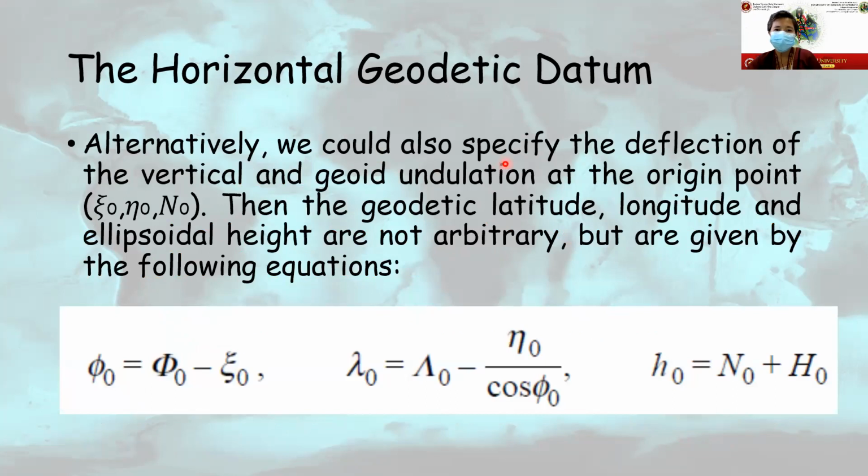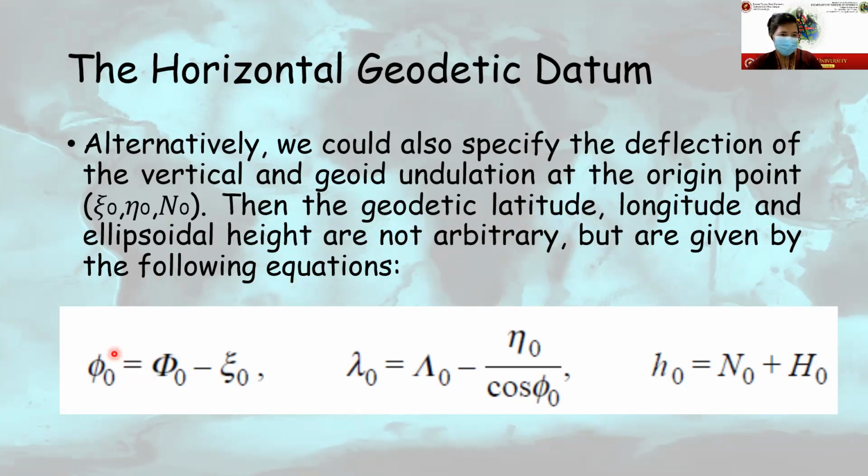So alternatively, we could also specify the deflection of the vertical. When I say deflection of the vertical, we're going to discuss this one. And the geoid undulation, take note, the deflection of the vertical and the geoid undulation at the origin point. So the geodetic latitude, longitude, and the height are not arbitrary but are given by the following equations.